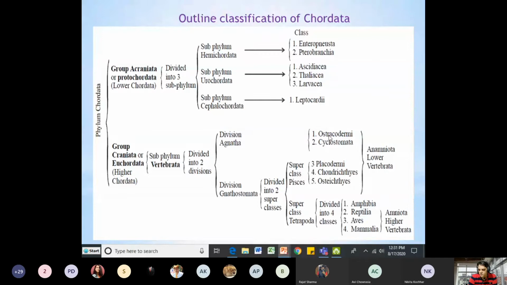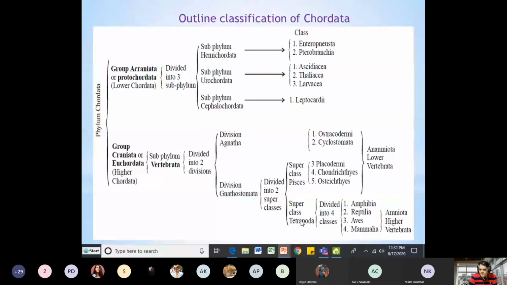All the members of Ostracodermi have gone extinct, whereas the members of Cyclostomata are still living, but they are all parasites. The division Gnathostomata is further divided into two superclasses, Pisces and Tetrapoda.